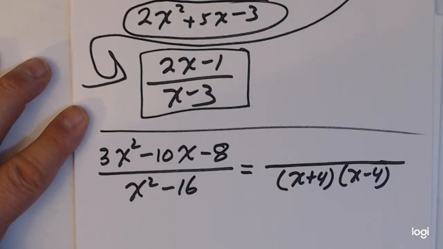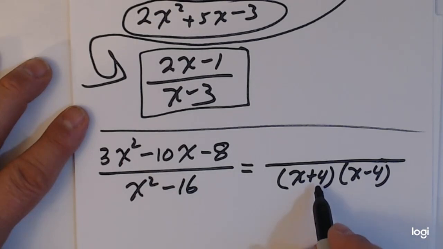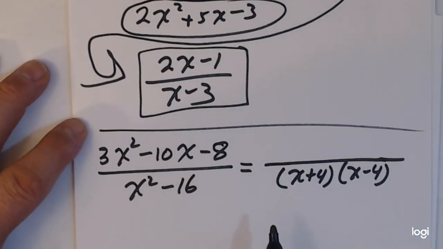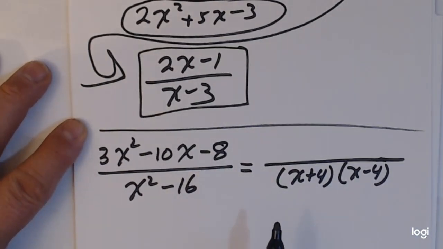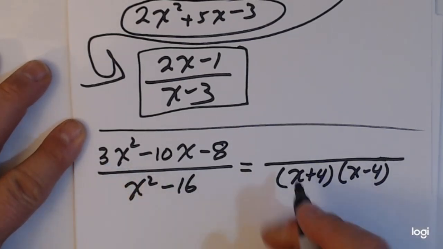But I doubt that we would have an 8 and the 1 in there, being that we have x plus 4 and x minus 4 in the denominator. So we're going to be using 4 and 2 up here in the numerator. So we need 3x and an x.